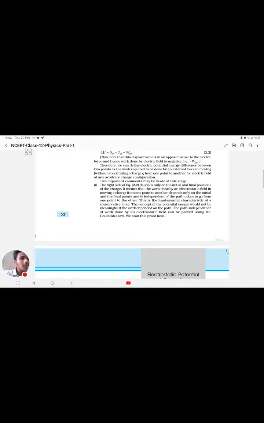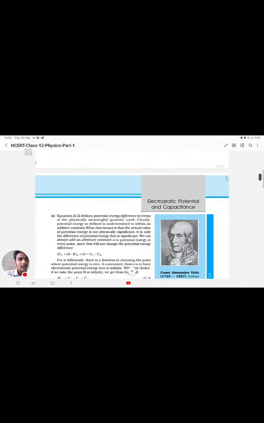The concept of potential energy would not be meaningful if the work depended on the path. The path independence of the work done by an electrostatic field can be proved using Coulomb's law, but we are omitting this proof. So what they are saying is that there is a path independence of this work done by an electrostatic field, and it can be shown using Coulomb's law, but okay, great, fine.